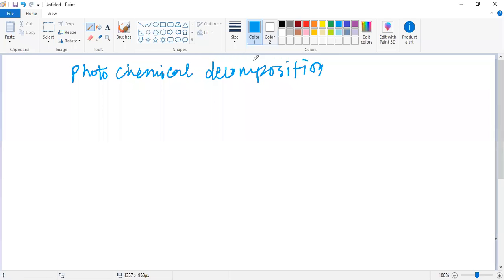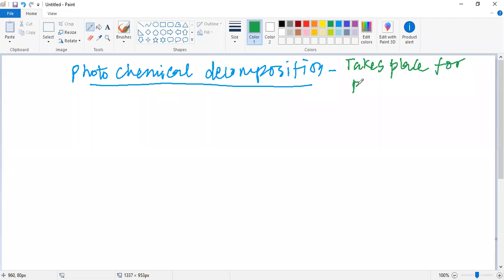Yesterday, my dear students, I talked about the photosensitive substances. Do you remember what photosensitive substances are? Photochemical decomposition takes place for photosensitive substances.